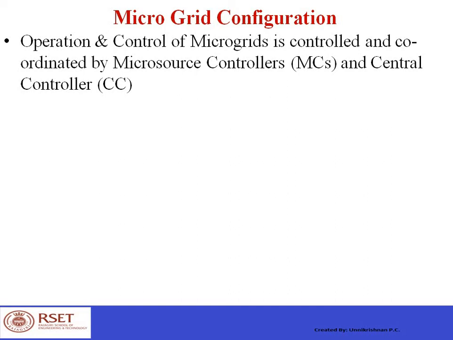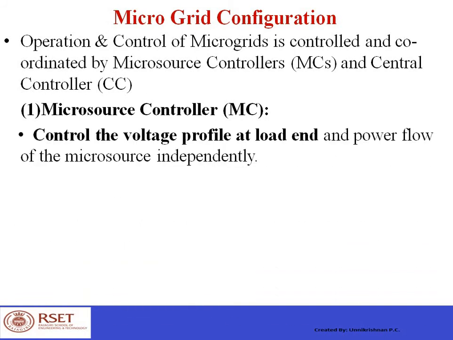Now coming to the microgrid configuration, the operation and control of microgrids is controlled and coordinated by two controllers: one is the micro source controller and the other is the central controller, CC. So we will see today the micro source controller, MC.